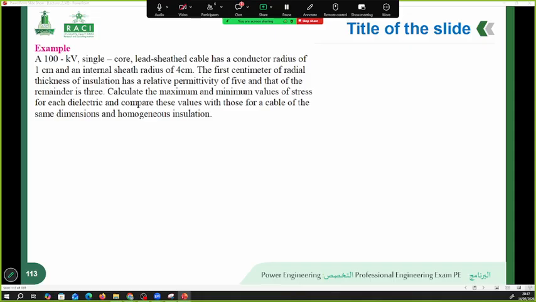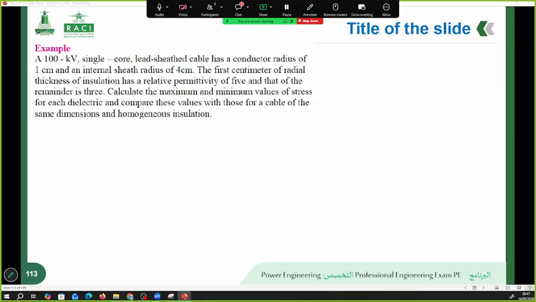So this slide represents an example of electric stress analysis in a 100 kilovolt single core lead sheathed cable with graded insulation. The conductor has a radius of 1 centimeter, while the internal sheath radius is 4 centimeters. The insulation is divided into two dielectric regions.